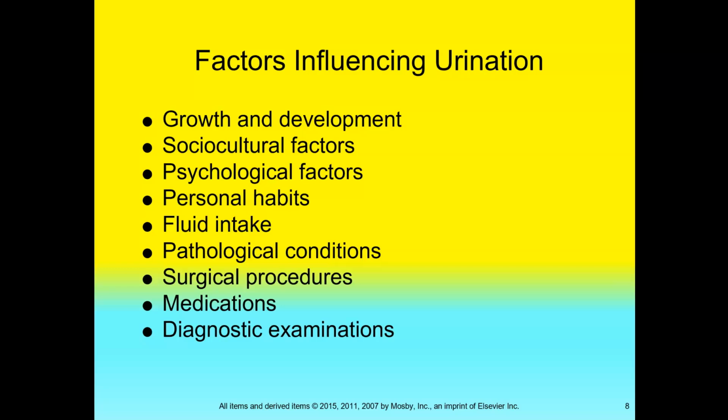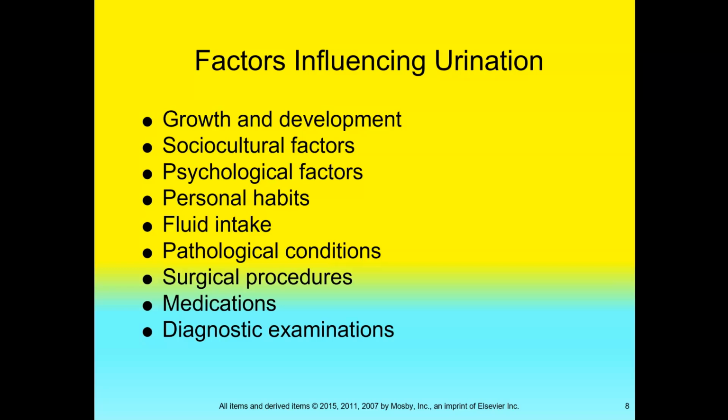There are psychological factors. Sometimes people have an urgency to urinate and increased frequency, which may be related to stress, or a person may have a relaxation of their sphincter muscles. Depression can decrease urinary continence. Personal habits.